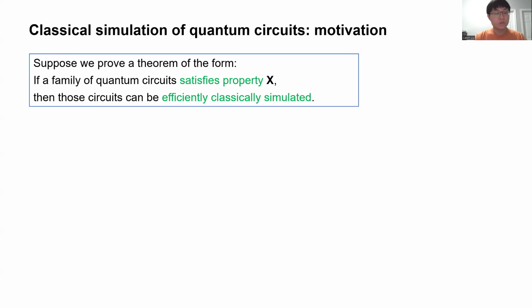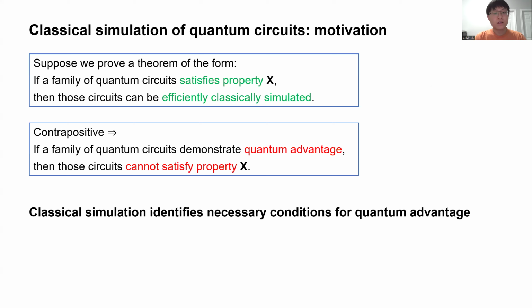Firstly, suppose we prove a theorem of the form: if a family of quantum circuits satisfies some property X, then that family of circuits can be efficiently classically simulated. Now, just taking the logical contrapositive, we get a statement that says, if a family of quantum circuits demonstrates quantum advantage, then those circuits cannot satisfy the property X.